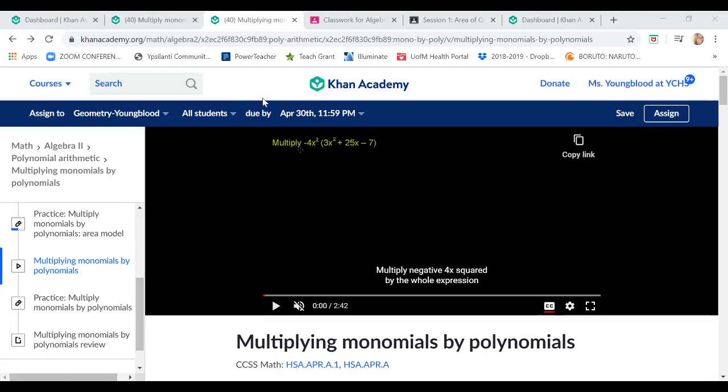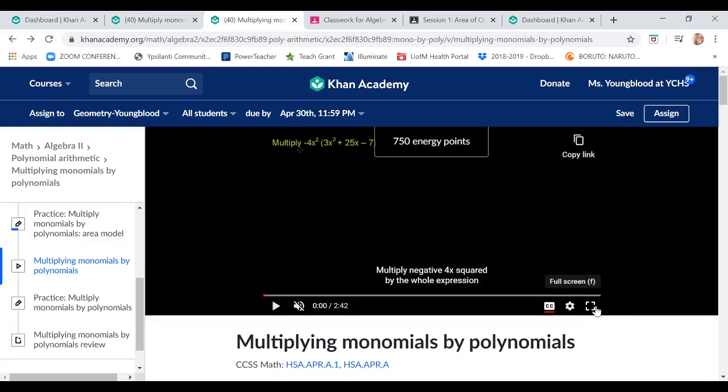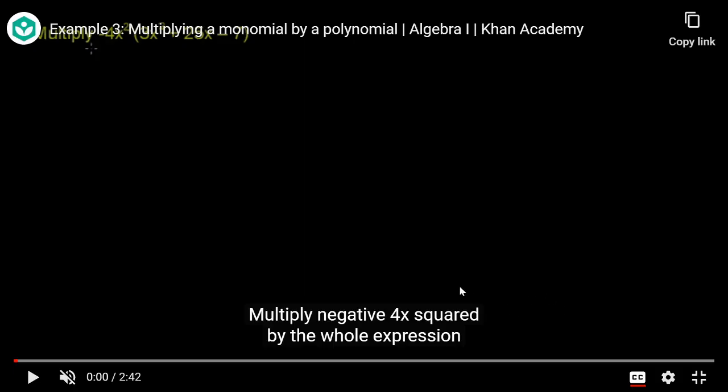So now we're going to look at this video where Sal is going to show us how to multiply a monomial, negative 4x squared, by this polynomial, 3x squared plus 25x minus 7. I know it's kind of hard to see with this in the way, and we'll see it once the screen goes away. Just introducing the problem here.